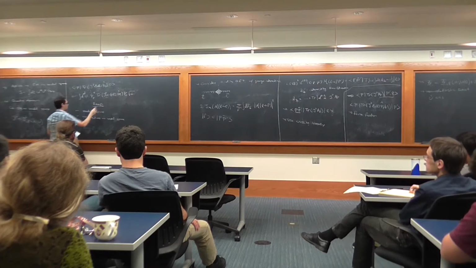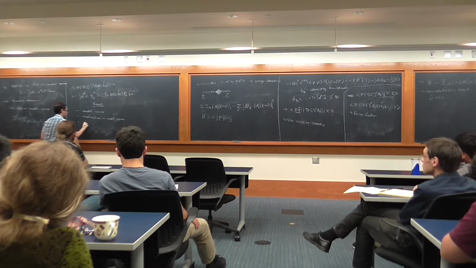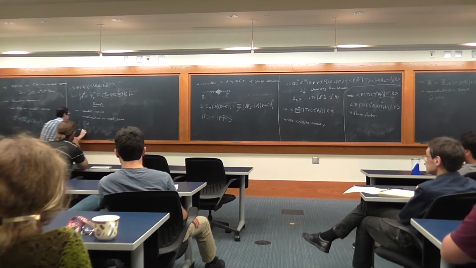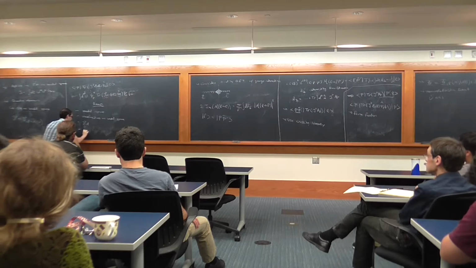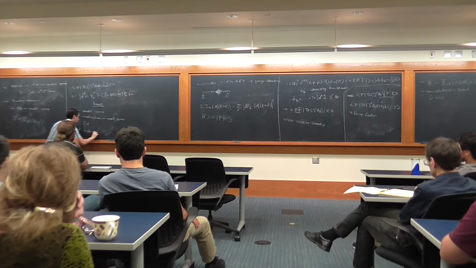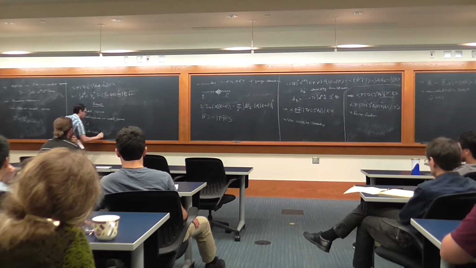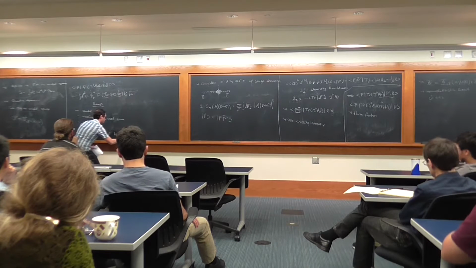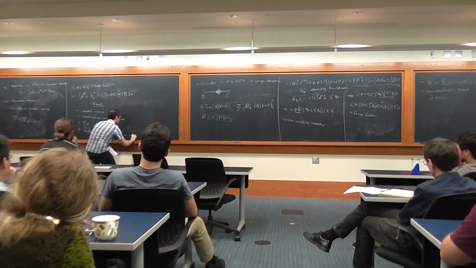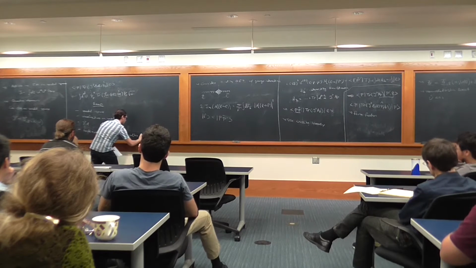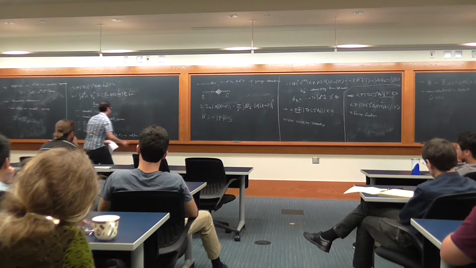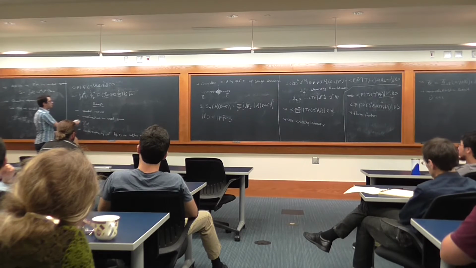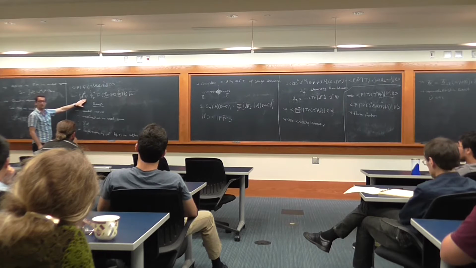I also need to know this classical piece, J mu classical, and I also need to know the mode expansion of A mu in the soliton background. Once I have knowledge of all these four ingredients, I still need to perform the d-dimensional integral over the whole moduli space.